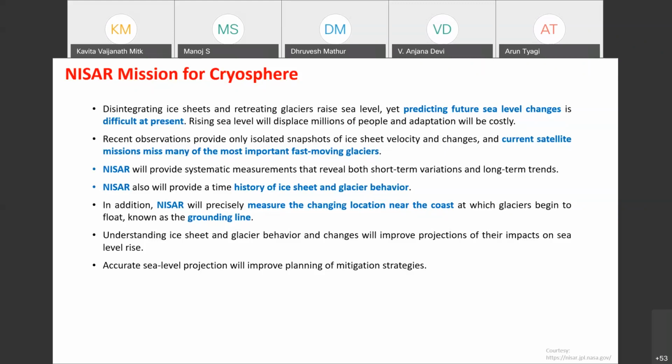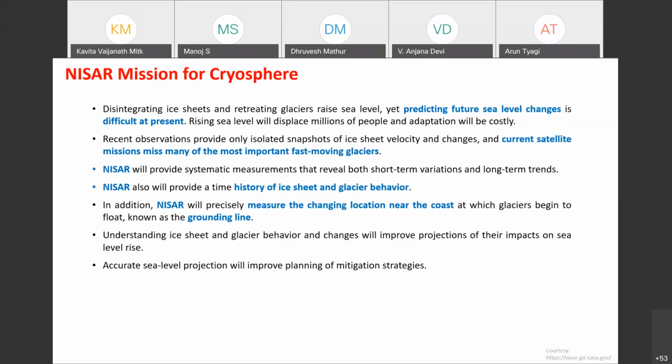The recent observations also provide only isolated snapshots of ice sheet velocity and the respective changes. So this mission will play an important part in that portion also.